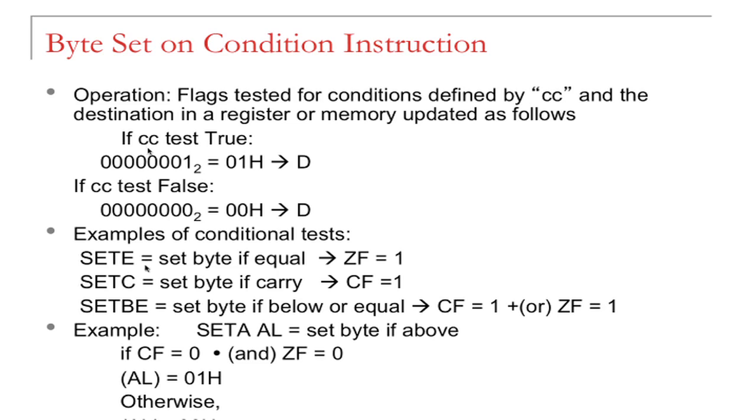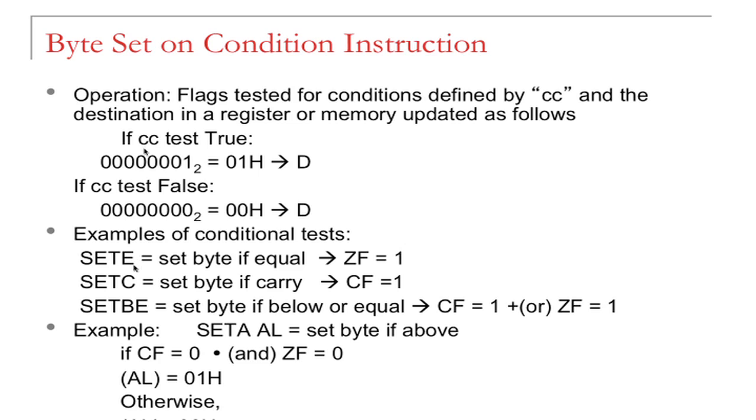And here are some examples. Now look at these 3 examples. SETE, SETC, SETBE. So the first 3 letters are the same, SET, and the lowercase cc that you saw in the previous slide is now replaced with the actual condition code.